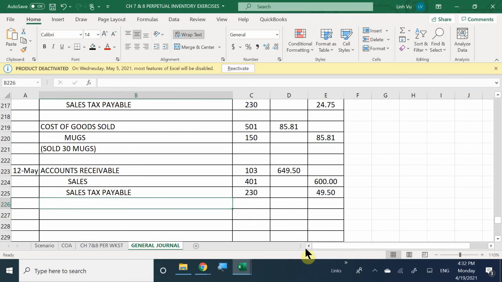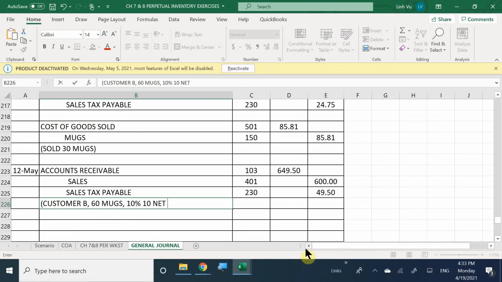And once again, definitely something you should indicate that you sold to customer B. Okay, on an account. How many cups did you sell? You sold 60 mugs. Okay. And yes, 10% if he pays in 10 days. If not, he pays in full in 30.